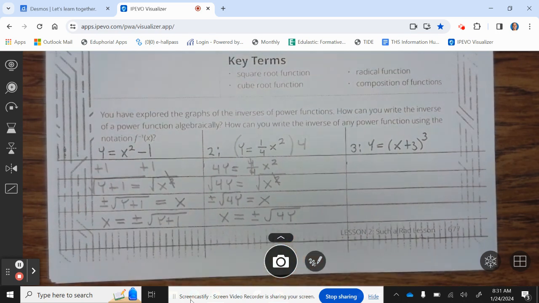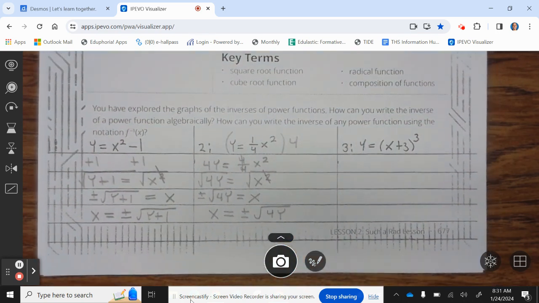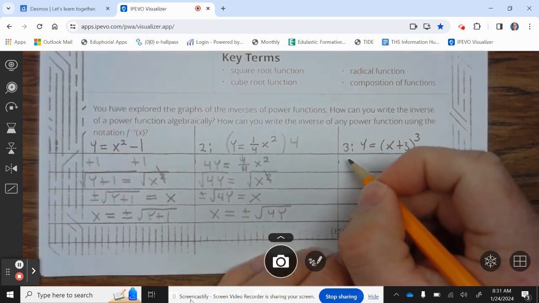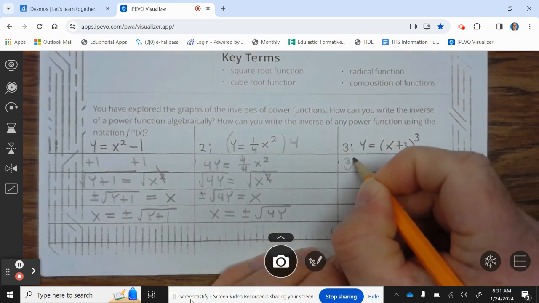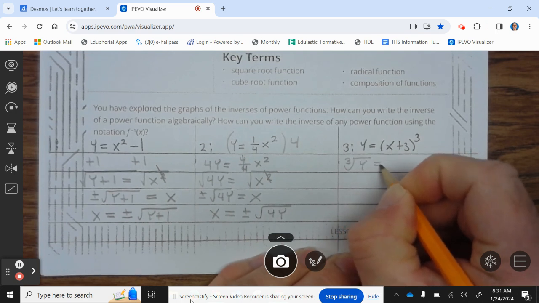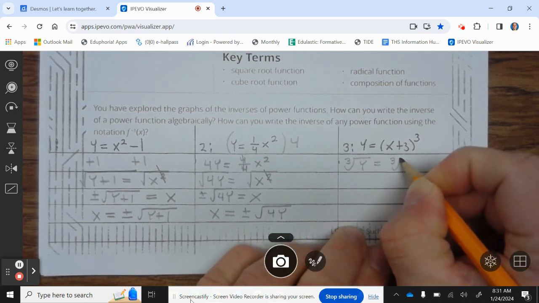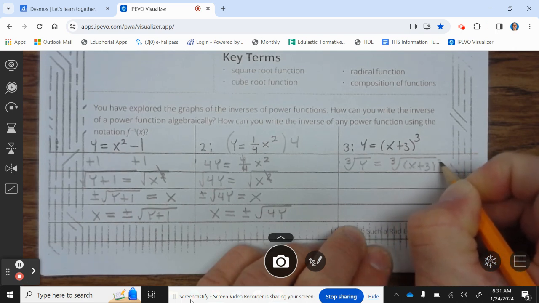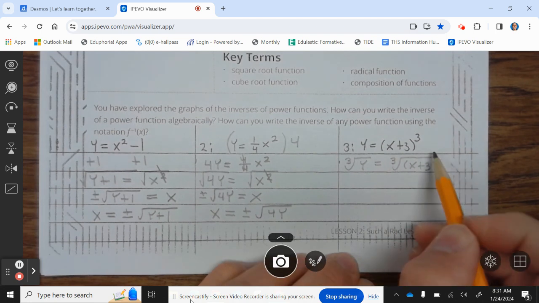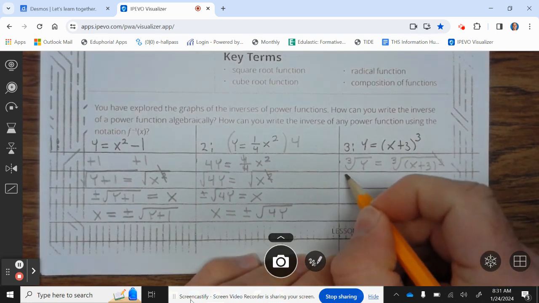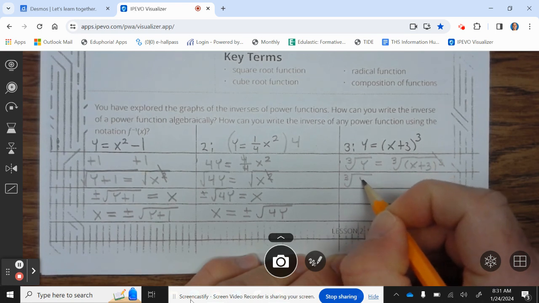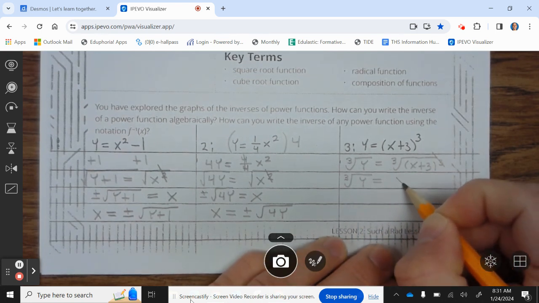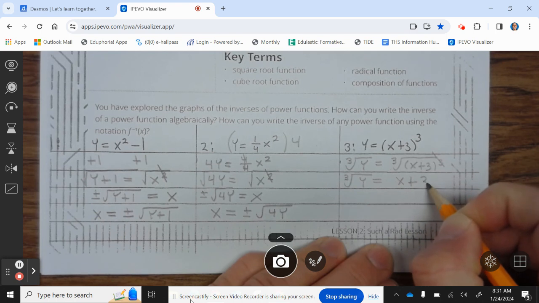All right, let's take a look at number 3. In this case, we're dealing with cubes, so we're going to take the cube root of both sides. Now, the cube root cancels the cube, so you're left with the cube root of y equals x plus 3.